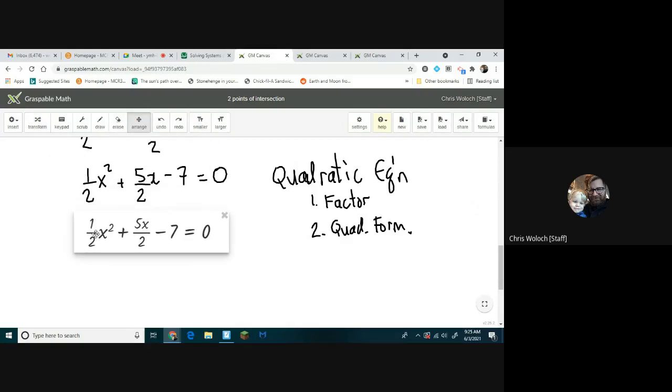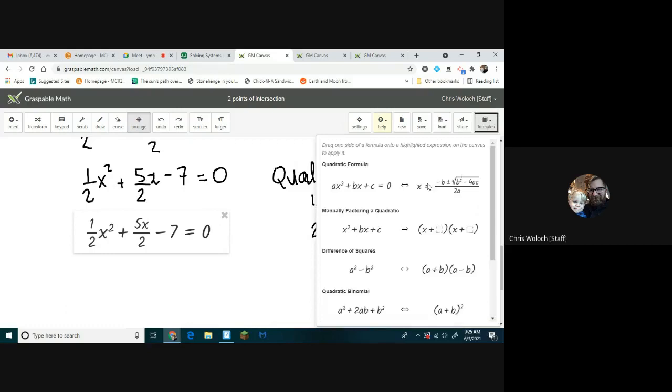I want it in this form because I'm going to use the quadratic formula. What the heck?